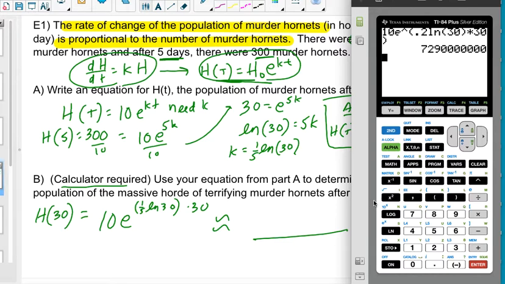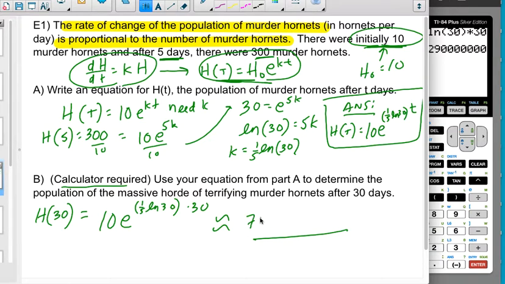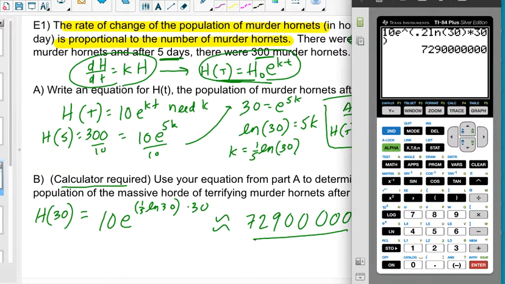Yeah, so it's huge. That's a lot of murder hornets. We're all in a lot of trouble. That's all I'm saying. 1, 2, 3, 4, 5. That's a lot of zeros. We're going to double check that with a quick screenshot.